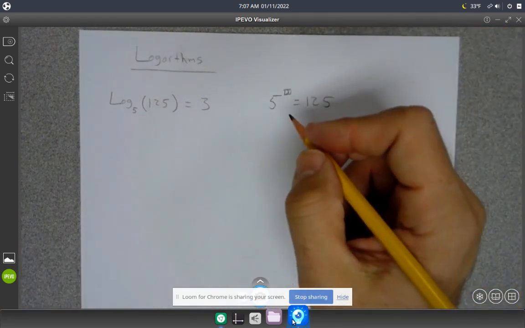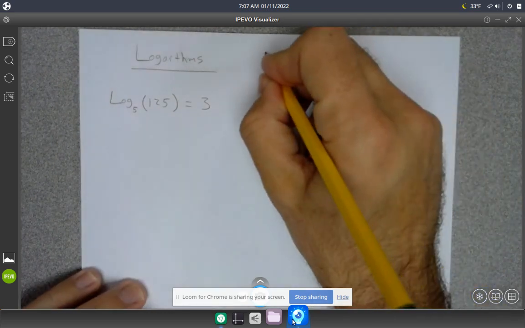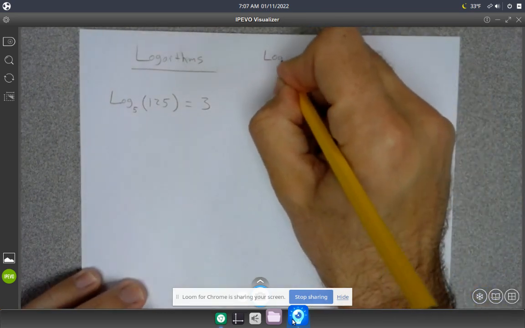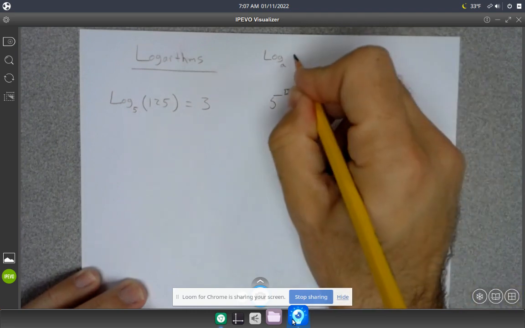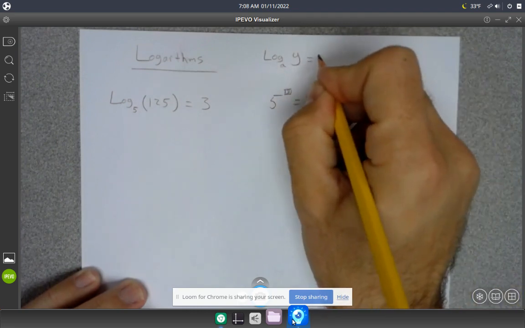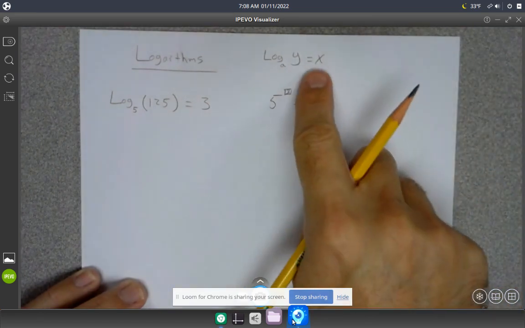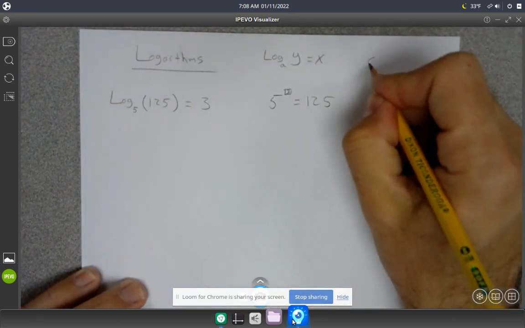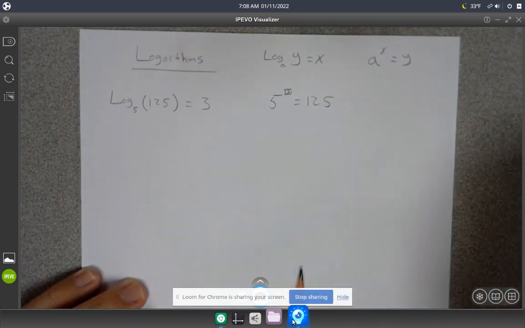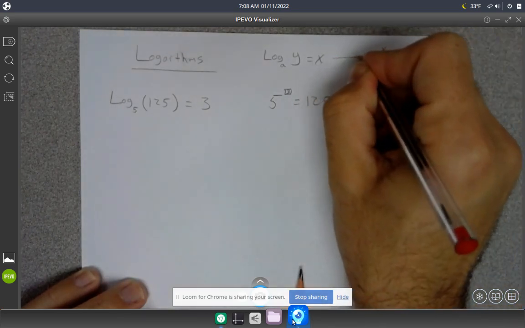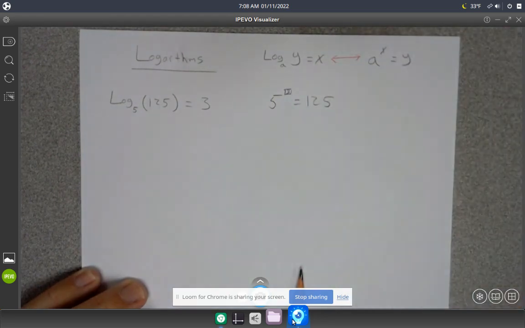In general, the way that you translate logarithms would be log base a of y is equal to x. In the exponential form, it would be a to the x is equal to y. These two things are synonymous. They mean the exact same thing.